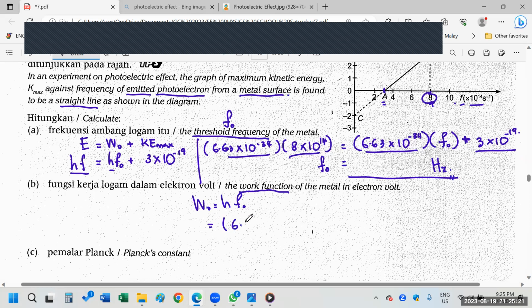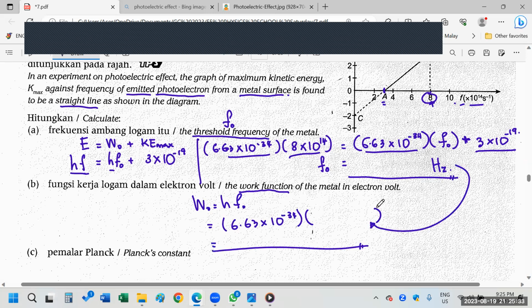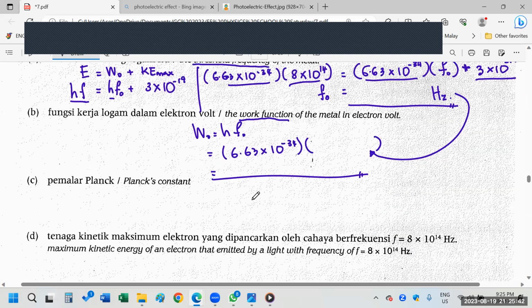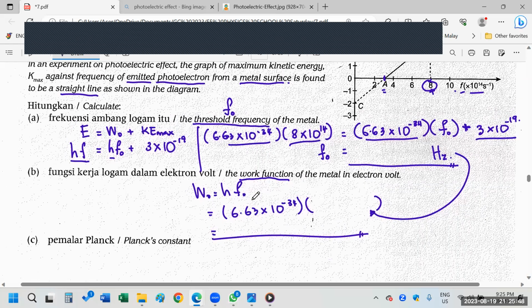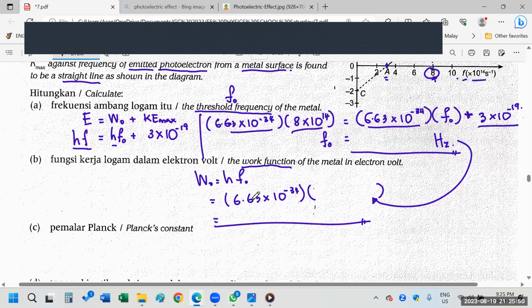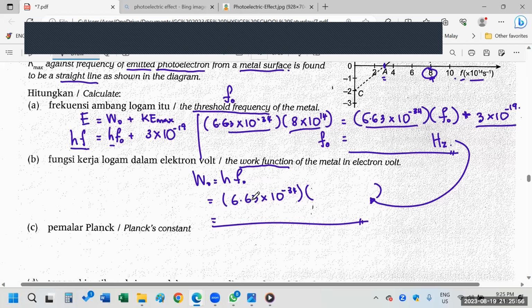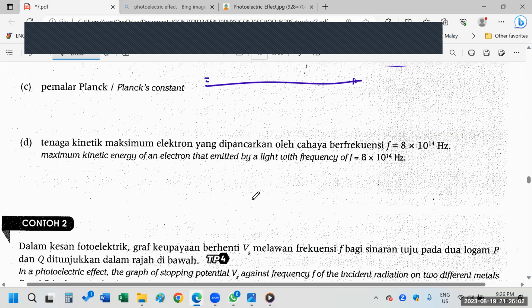So same thing, 6.63 Planck constant times 10 to the power of negative 34 times f naught that we gained from here. Substitute. Okay, so now these two are the same.